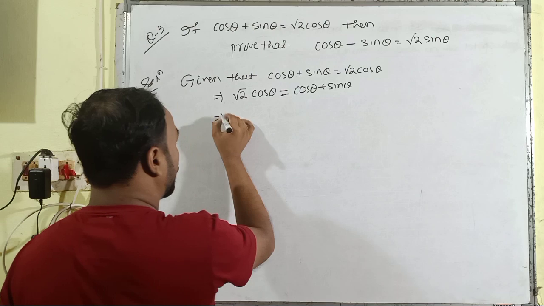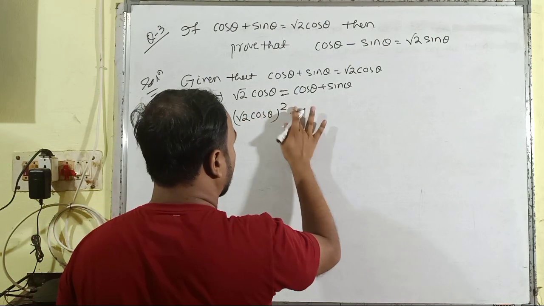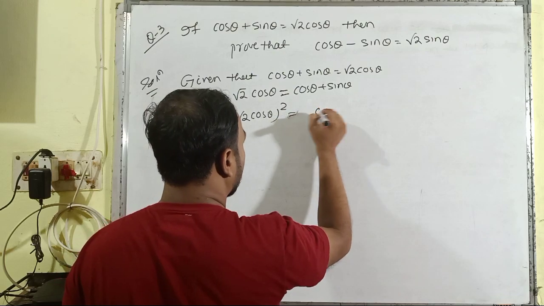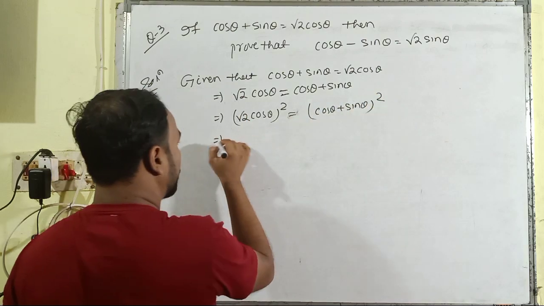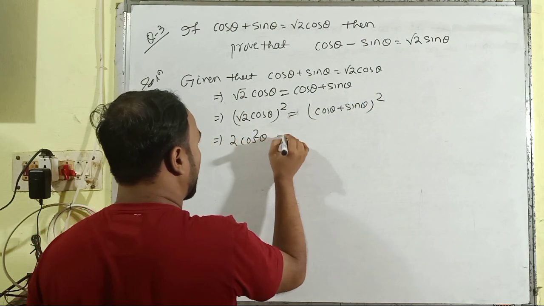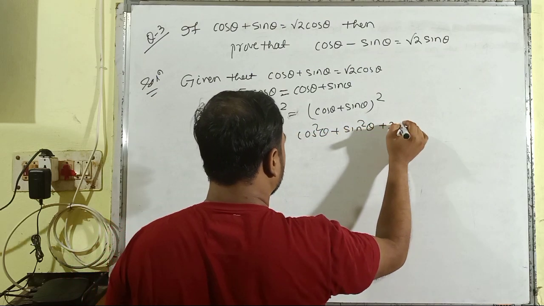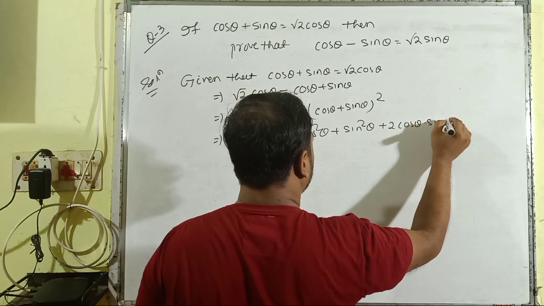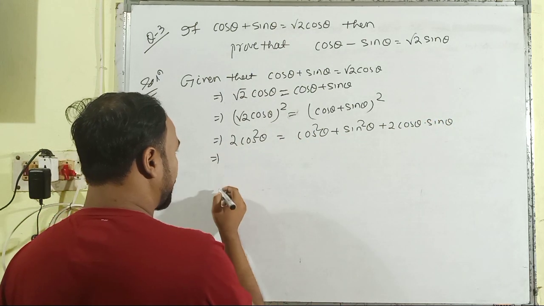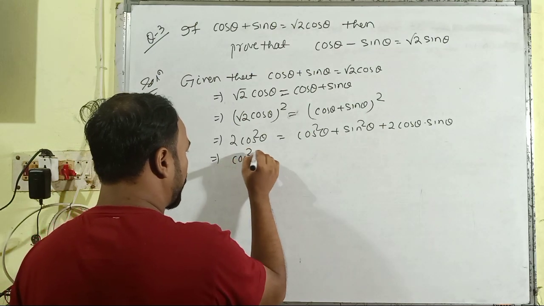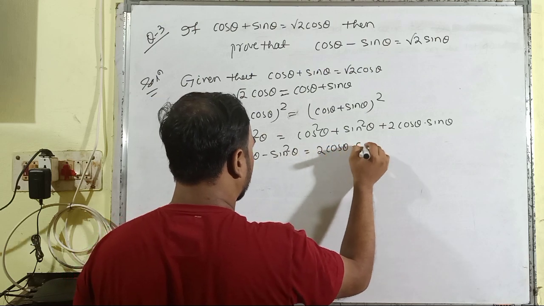Then taking the square of both sides, the square of root 2 cos theta is equal to the square of cos theta plus sin theta. Then it is 2 cos square theta, equal to cos square theta plus sin square theta plus 2 cos theta into sin theta. Then shifting these terms towards the left hand side, we have cos square theta minus sin square theta is equal to 2 cos theta into sin theta.